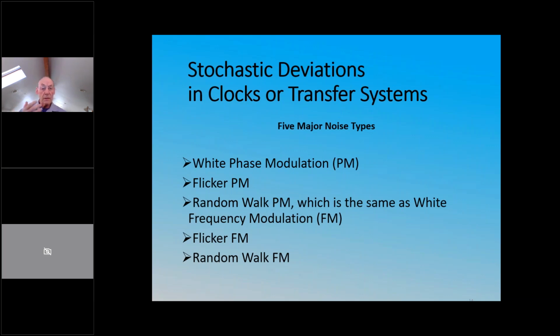And then there's flicker in frequency and random walk in frequency. So there's really three concepts that we're going to have to understand: white noise, flicker noise, and random walk, and how they're related. But there's white, flicker, random walk in phase, and white, flicker, random walk in frequency. But random walk in phase is exactly the same as white in frequency. So there's really 5 noise types.